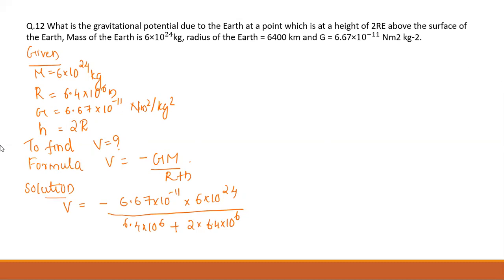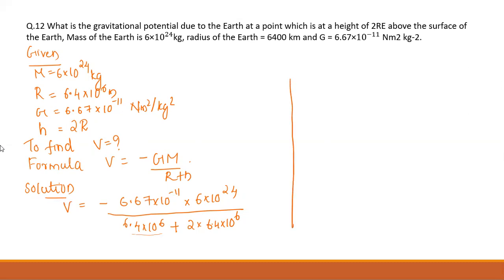On solving this, we will get, okay, 6.4 into 10 raised to 6. Here also 2 into 6.4 into 10 raised to 6. When we are taking 6.4 into 10 raised to 6 common, we will get 2 plus 1, 3 will come. So the denominator we can write 3 into 6.4 into 10 raised to 6.